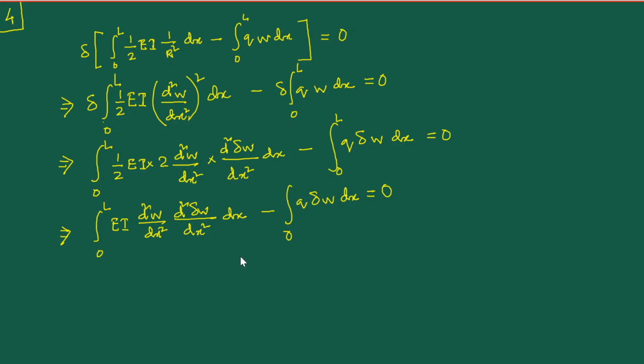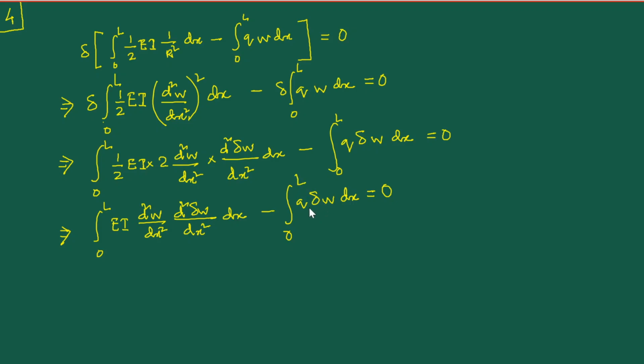Now the only motivation here is that this term involves the second derivative of the first variation of the deflection, while this is just the first variation of the deflection standing alone.